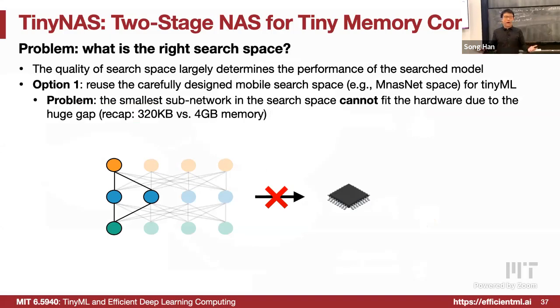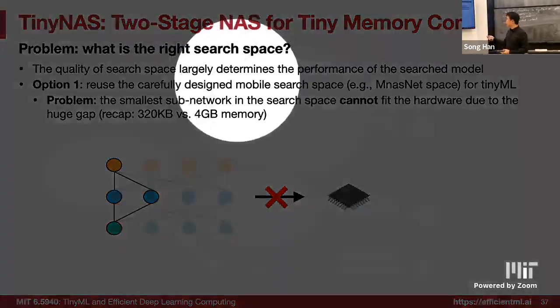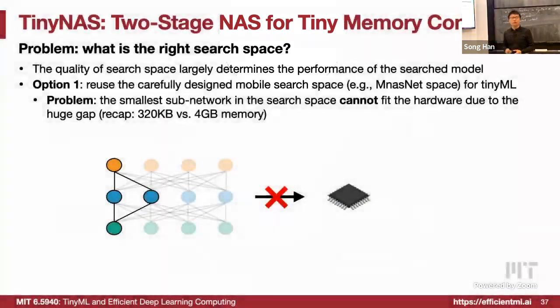So how do we find that search space? One approach is to reuse the prior search space for MobileNet, for example. However, the constraints for mobile devices are quite different from these tiny microcontrollers. They differ by a couple of orders of magnitude.